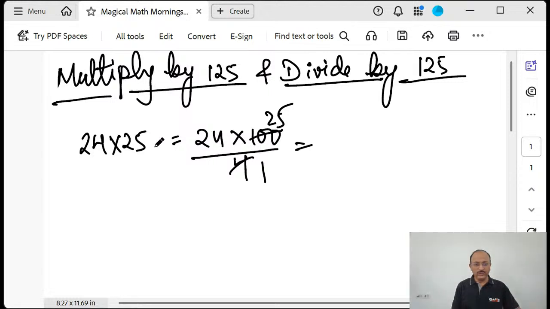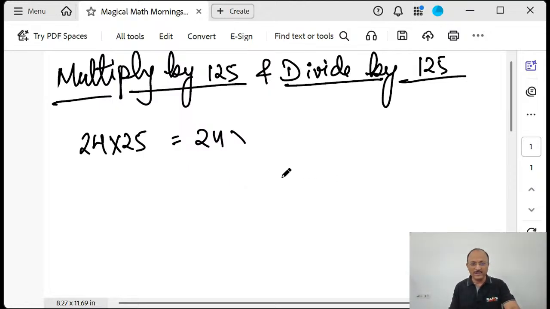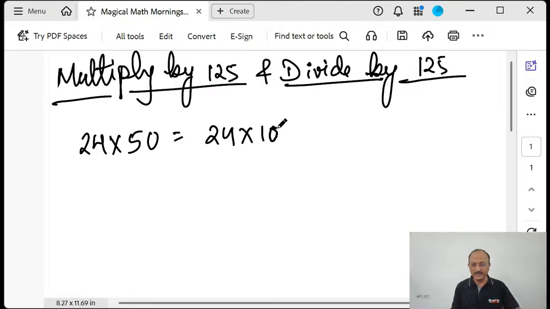So instead of multiplying directly by 25, we divide 24 by 4, that is 6, into 100. We used to write 600. The same thing if you want to multiply 24 by 50: 24 into 100 by 2. That means we used to take half of this, 12, and 100 we used to write. Now the same trick we'll extend for 125 also.